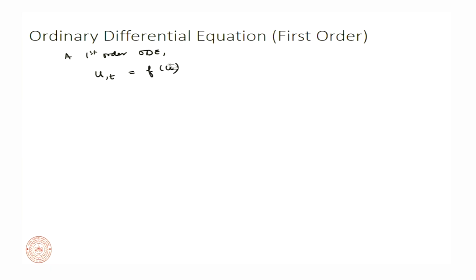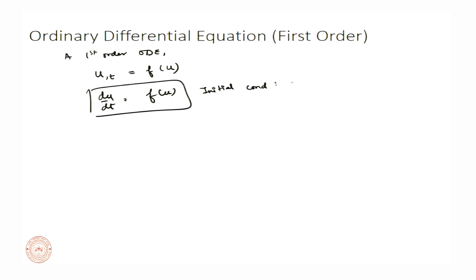Now we have seen this prime notation. This means du by dt is equal to f of u. So this is our first order ODE. And how many boundary or initial conditions do we need? Since it is a time derivative, we will have initial conditions. We will have one initial condition, that is u at time t equal to 0 will be some value a or u0.